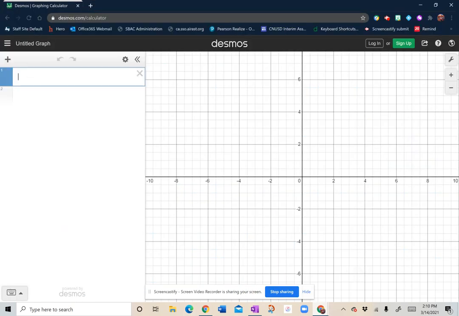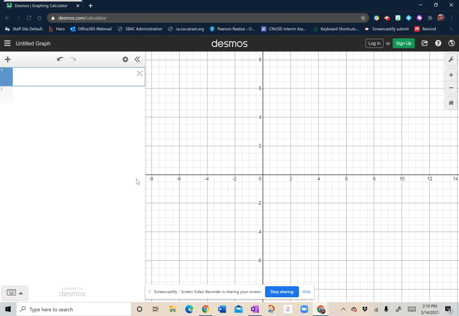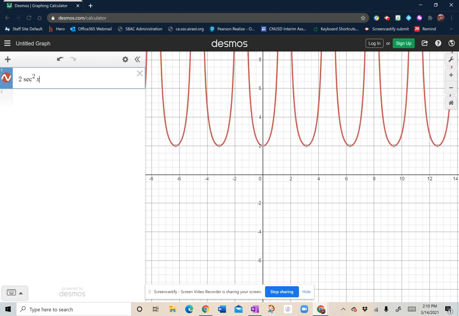So let's type these in. I have 2 secant squared x. Then I'm going to do a second graph, tangent squared x.